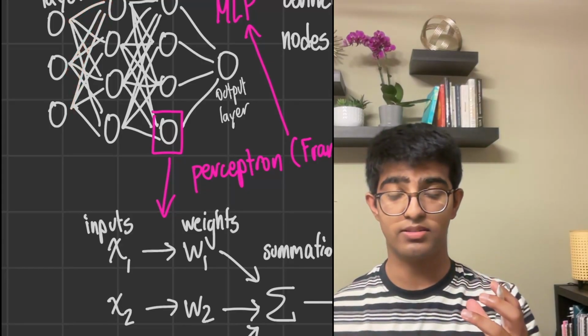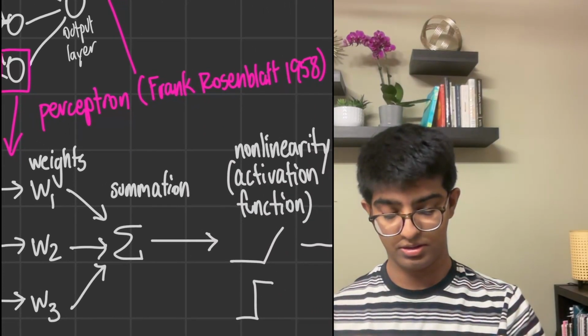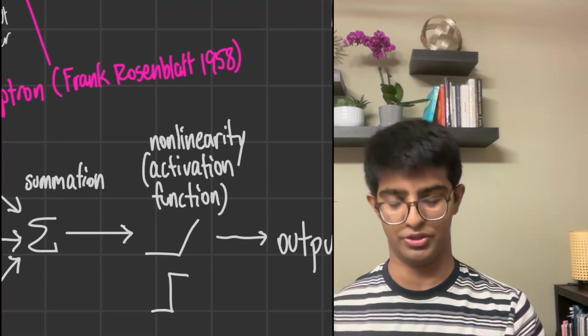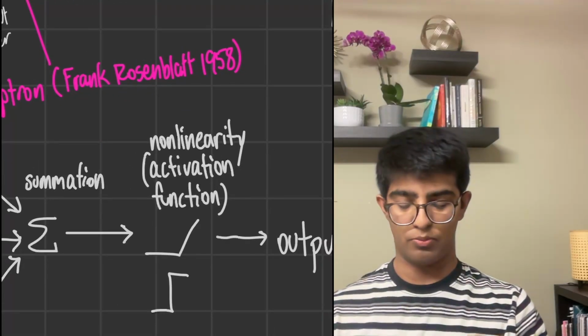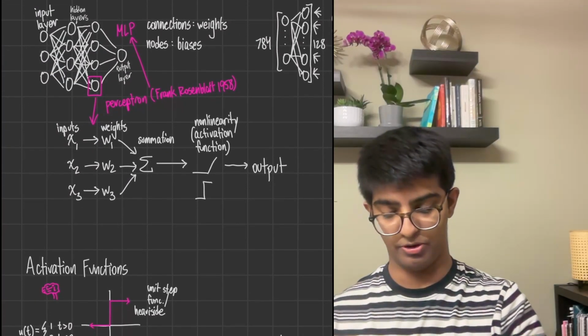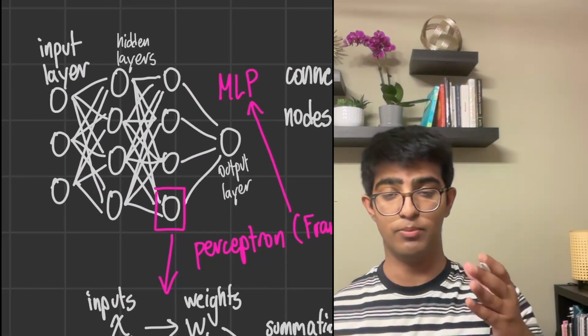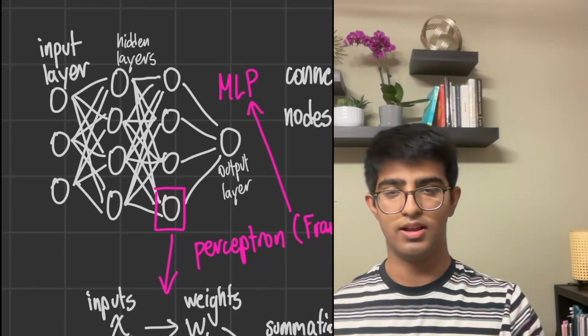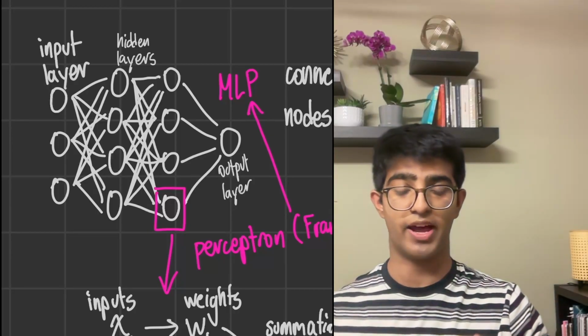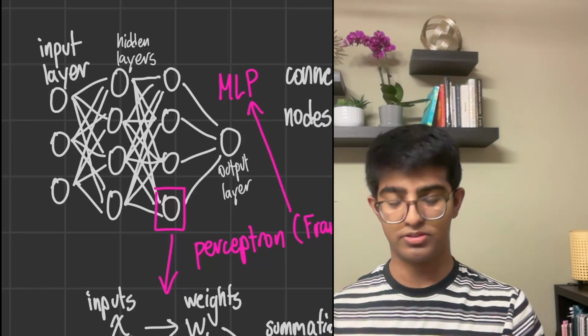We sum the results together. And then we have a nonlinearity, which is an activation function. So we'll talk more about activation functions soon, but basically that gives us our output. So each neuron has an input and an output, and the combination of these inputs and outputs give us a final output, and it works incredibly beautifully.